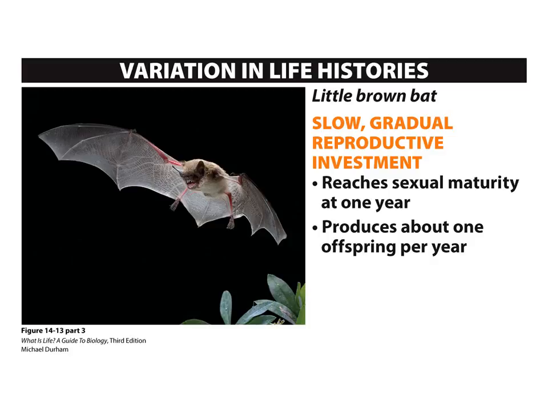And that mouse we just saw was at a month. And it typically produces only a single offspring per year, whereas that mouse could have produced up to 100. The advantage that the bat has, however, is that it lives for more than 33 years in its natural habitat. So even though they produce a small number of offspring per year, they live for more years. So again, that's the slow, gradual reproductive investment.